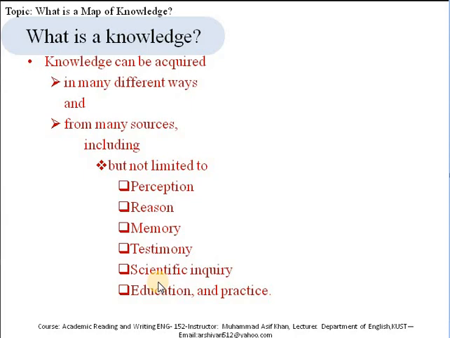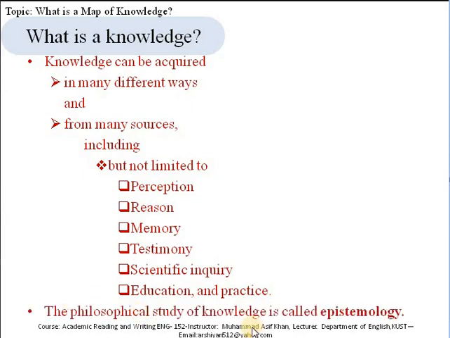That is again a source of acquiring knowledge. In philosophy specifically, when we study knowledge, that is called epistemology. Acquiring knowledge and discussing or studying knowledge is a branch of philosophy, and in philosophy this very study of knowledge is called epistemology. So basically, first of all we define knowledge, and then we discuss what the different sources or ways are through which we can acquire knowledge.